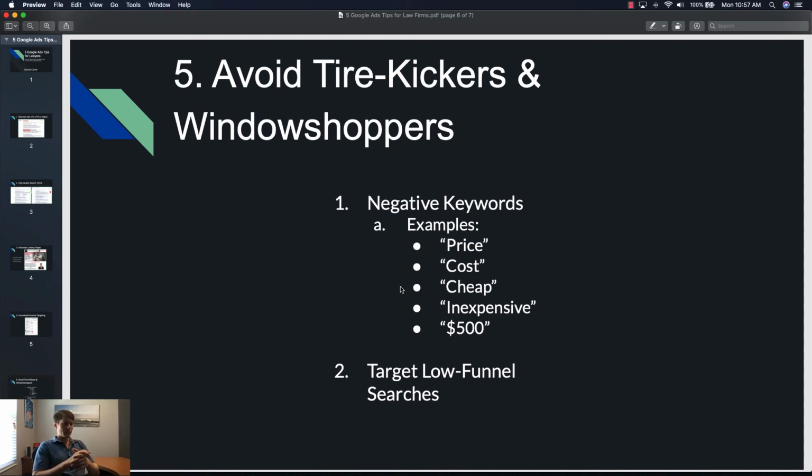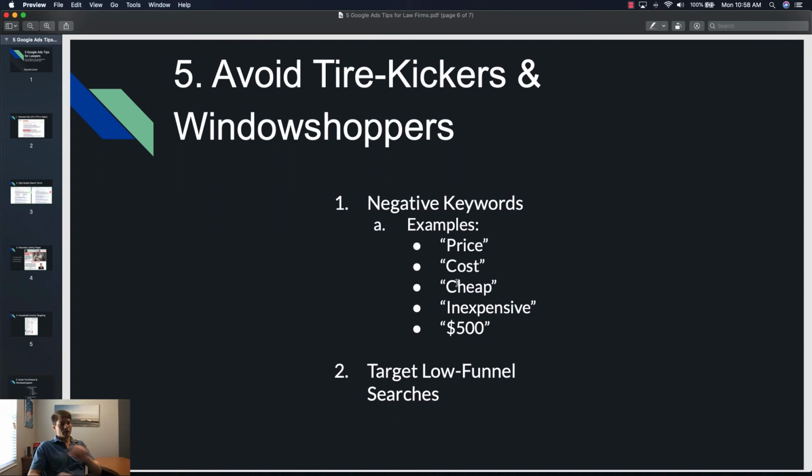One way to do this is to literally just exclude anything that has anything related to price in the search. So in this example, if someone was typing in price of a divorce lawyer in Tampa, they're concerned about price. They're telling you that they're worried about price in the search. So that right there is not a click that you necessarily would want to pay for.